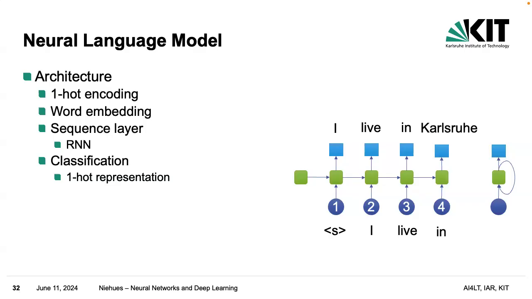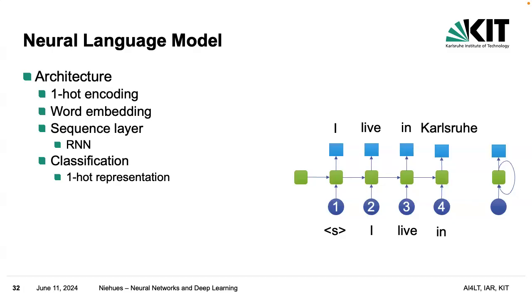And if you want to have the probability of the full sentence, how would you get that? At this position, we are getting the probability from the neural network of "in" given "I live".